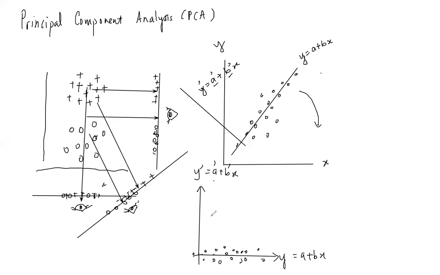Then you ask yourself: you see that most of the variation occurs on this side, the spread is on this side, whereas the vertical spread is very small. This is large. So if you want a compact representation of your data, you can sacrifice the y-axis.